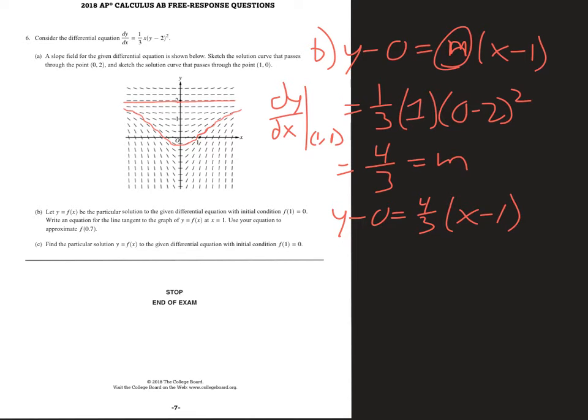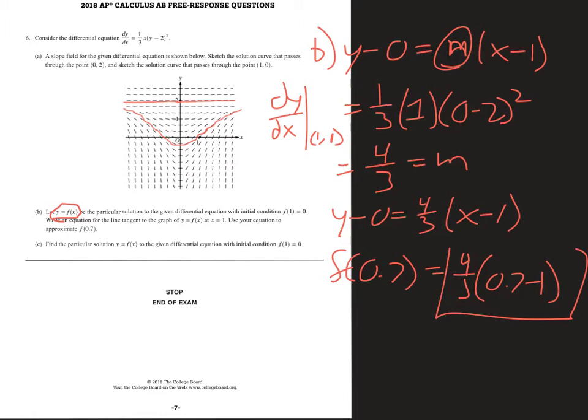Again, you don't need to write the minus 0. And then that tangent line approximates f of x. So f of 0.7 is approximately just plugging in 0.7 to this equation, which is 4/3 times (0.7 minus 1). And I would just leave it like that. No need to simplify. Okay, so that's part B.